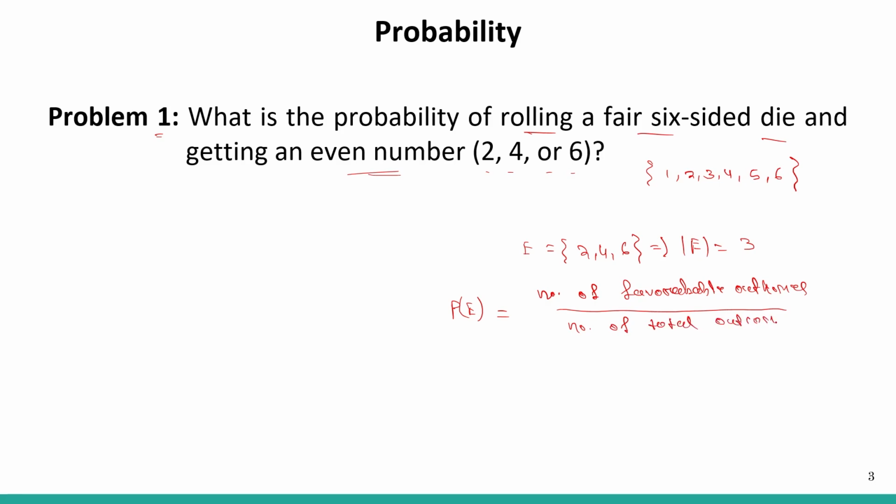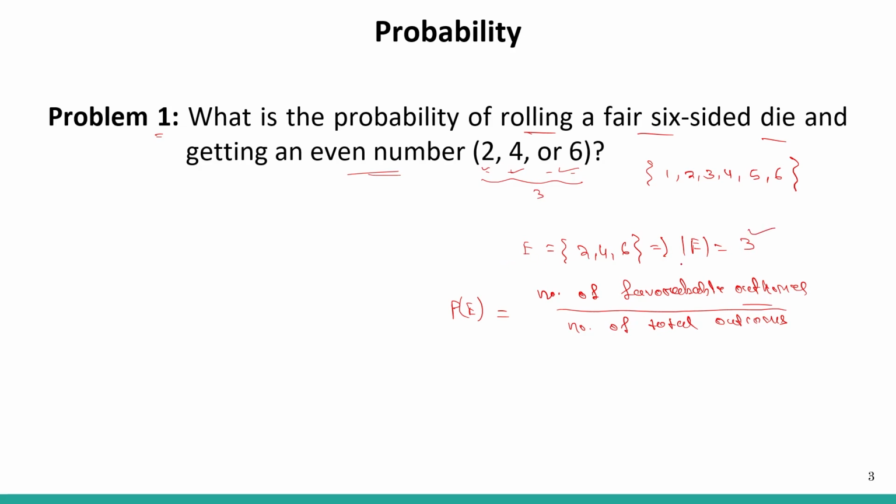Basically here you have two values to put in the formula. The favorable outcomes are 2, 4 or 6, so the number of favorable outcomes is 3, since this set contains 3 elements.